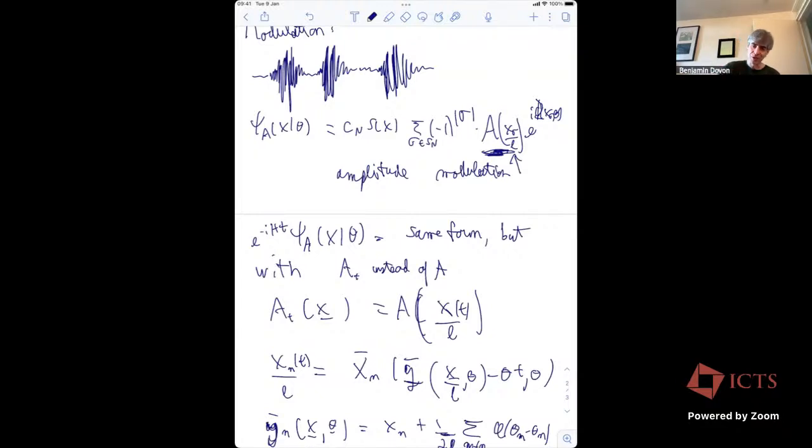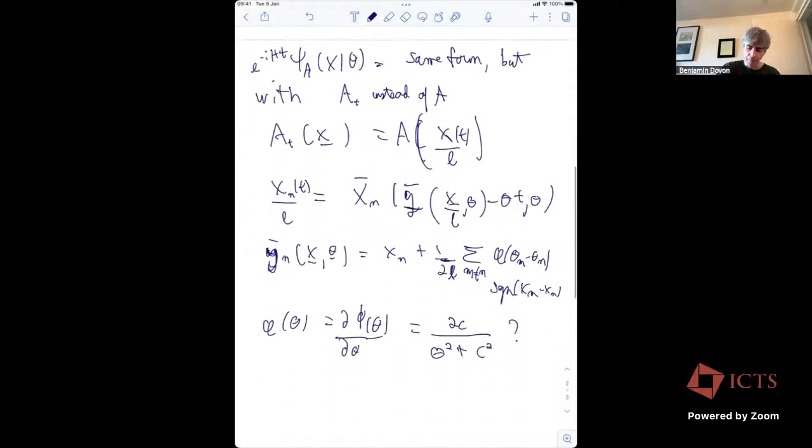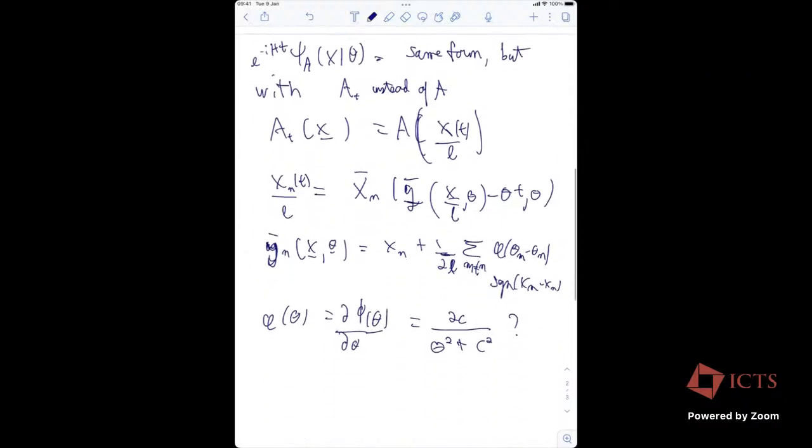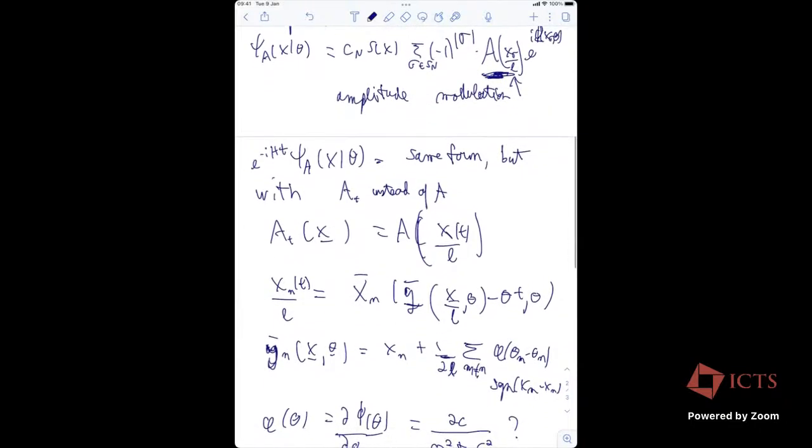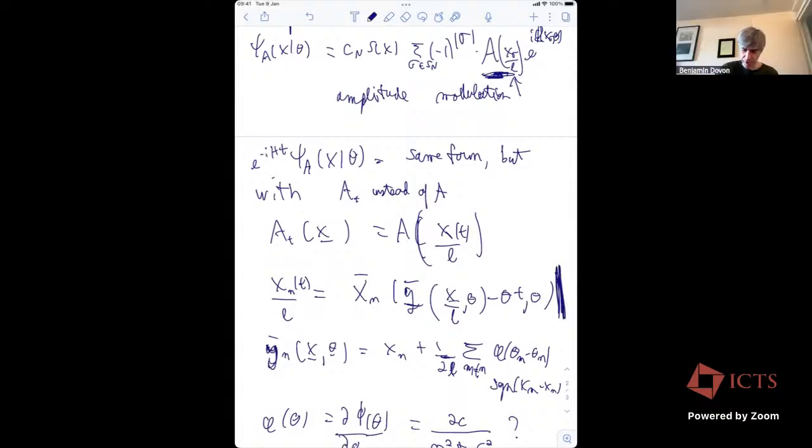So in this whole computation, there's an L that appears. And in the previous equation, you wrote y bar of x bar over L, and there was an L.